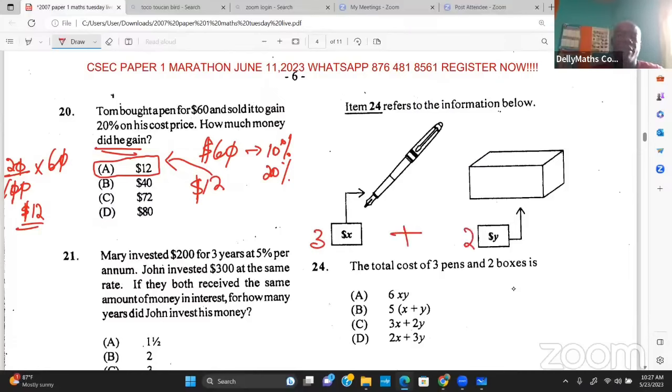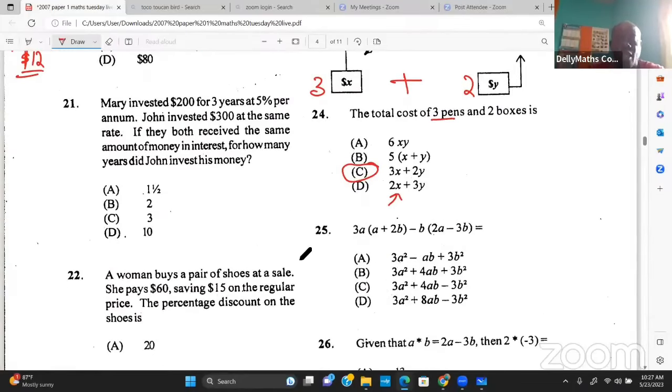So I'm going to look for 3x plus 2y. And here it is. But you have to make sure that you pay attention to the details, because if you flip it around, look at that. There is a nice distractor. So X is for pens, and you need 3 pens. You want to make sure that you're not making any error right there.